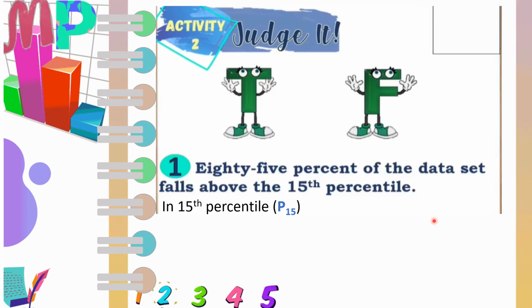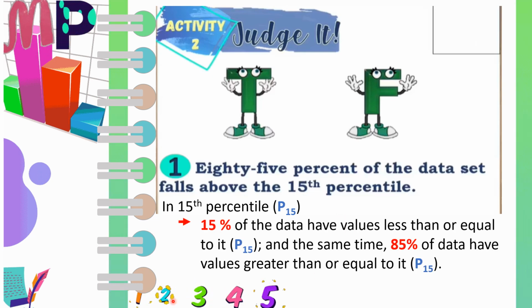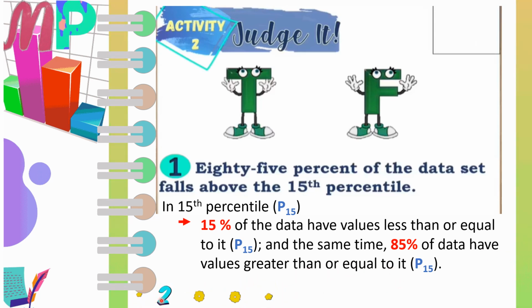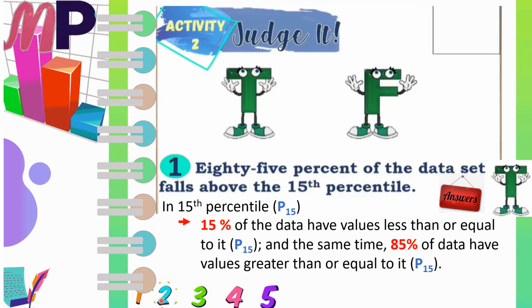Okay, in the 15th percentile or P sub 15, 15% of the data have values less than or equal to it, and at the same time, 85% of the data have values greater than or equal to it. So the answer is true. So 85% of the data set falls above the 15th percentile.